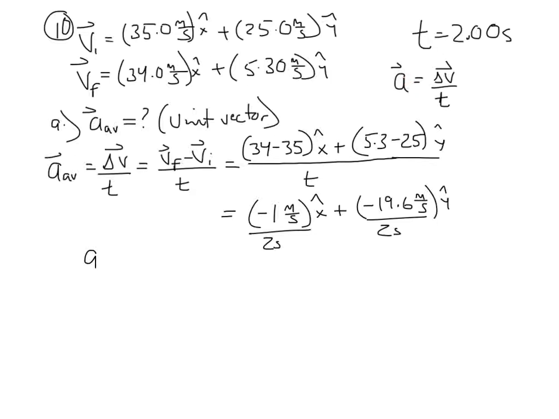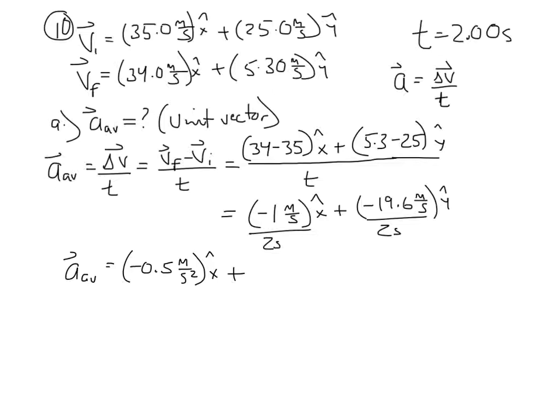Our average acceleration is going to be -1 over 2. Well, that's pretty easy. I can do that in my head. That's going to be -0.5 meters per second squared. So that's the acceleration in the x hat direction.